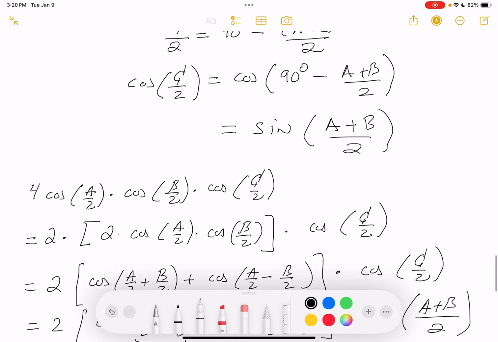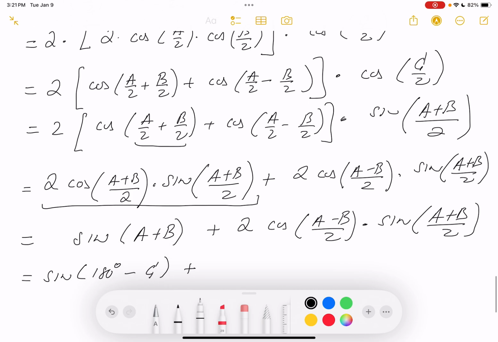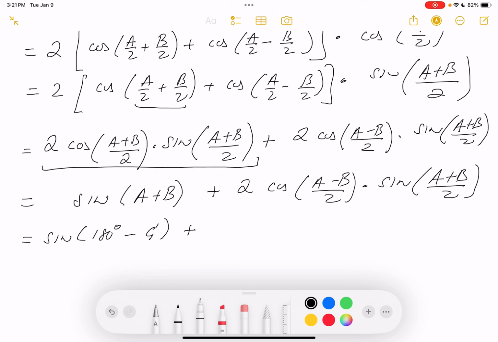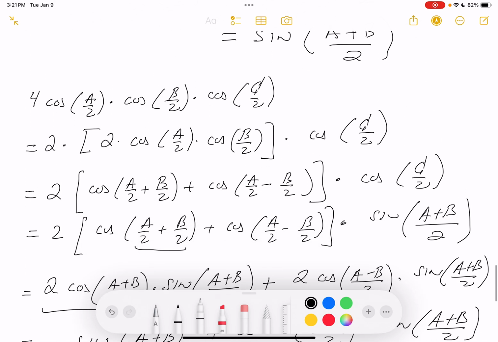Let's go back up here. Let me think about that. I gotta think carefully too. I think I could write something down over here. And the cosine of A minus B over 2, the sine of A plus B over 2.